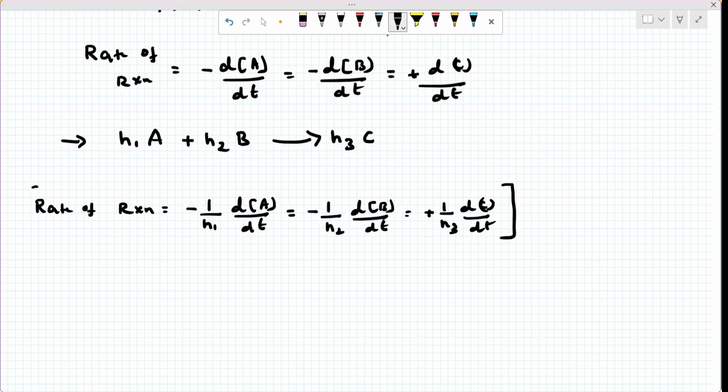Please note: if a stoichiometry is given, we have to divide by the stoichiometry.